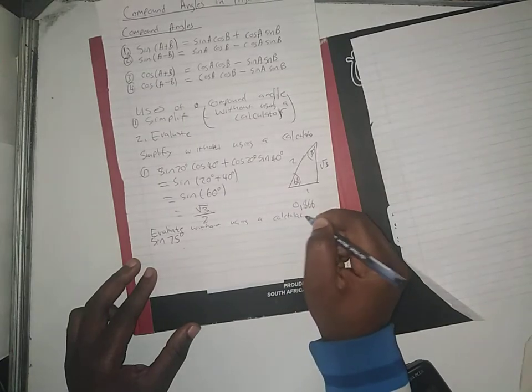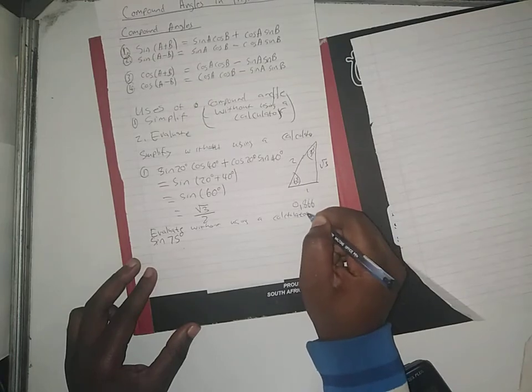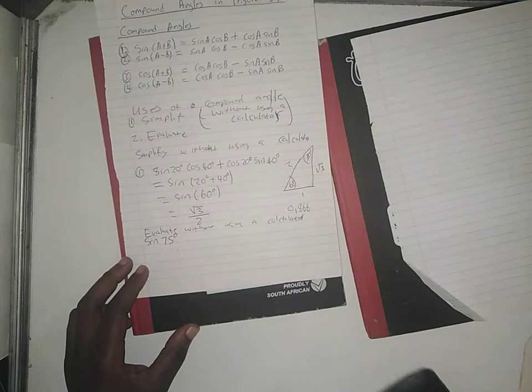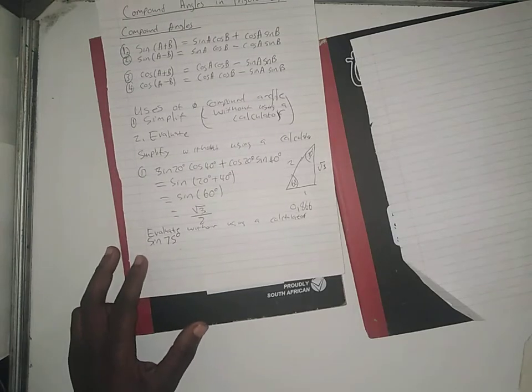If you were allowed to use a calculator, it would have been easy. You'd have just plugged this straight as it is, and then you find what you are supposed to find. But you can't do that anymore. What do you need to do? You need to find another way.